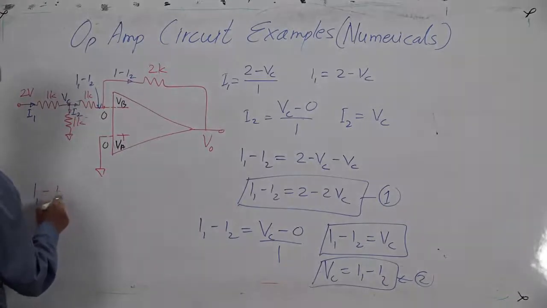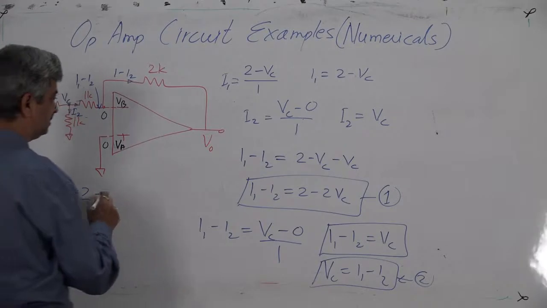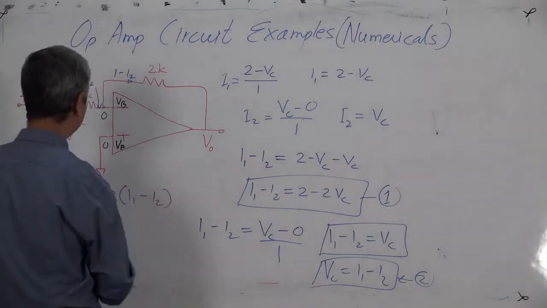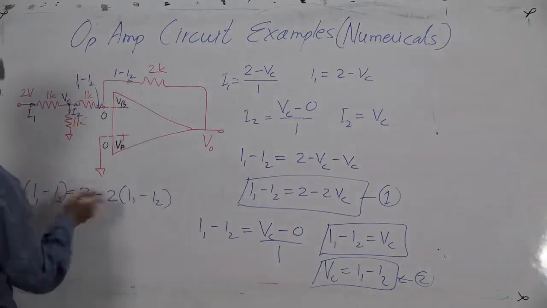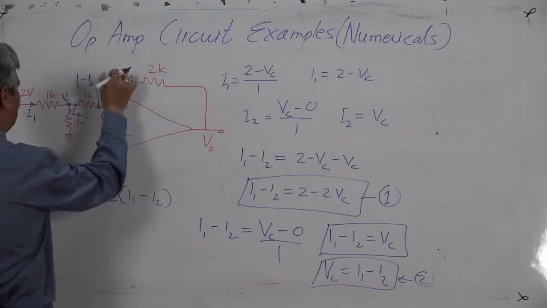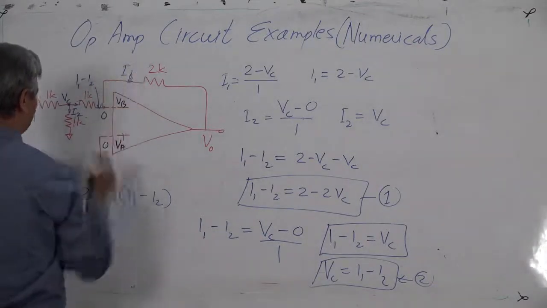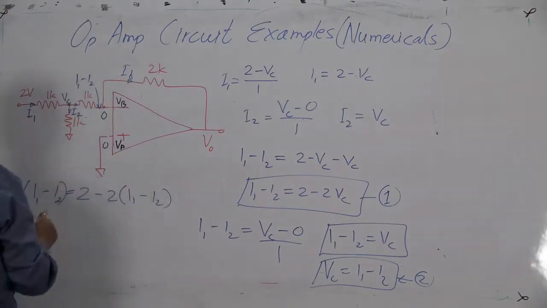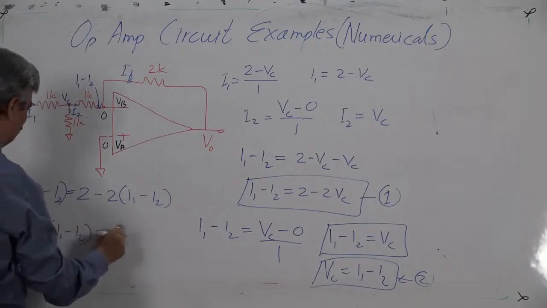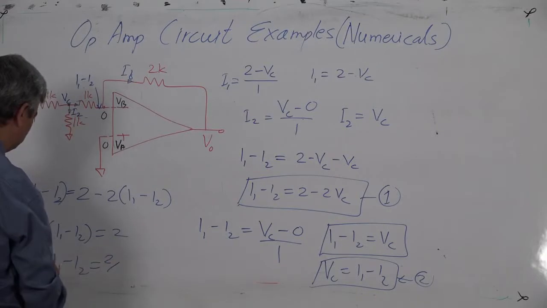I1 minus I2 is equal to 2 minus 2 into bracket I1 minus I2. So this comes on this side. So 3 into bracket I1 minus I2 is equal to 2. So I1 minus I2 is equal to 2 by 3.